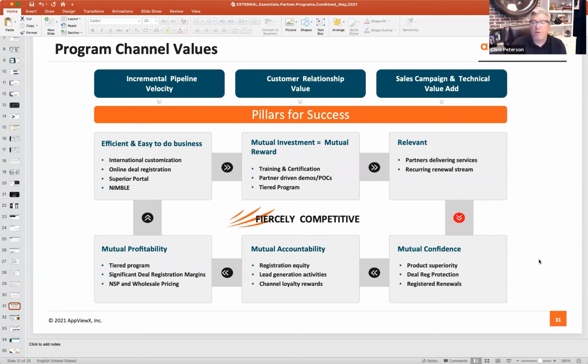So you, the partner delivering all services, we become very relevant to your business. The recurring renewal stream and the fact that we protect the incumbent partner, more relevancy to your business. We want to be mutually confident in each other and mutually profitable. So all of these things come together to form the values that we bring to the table relative to our partner organization.